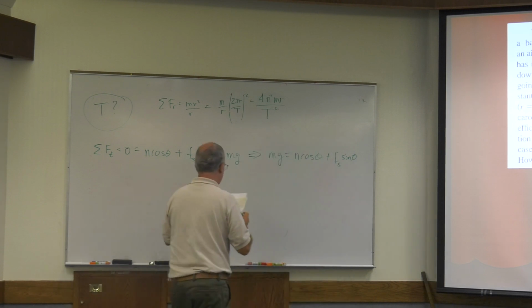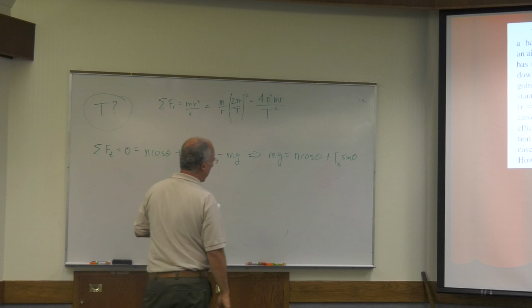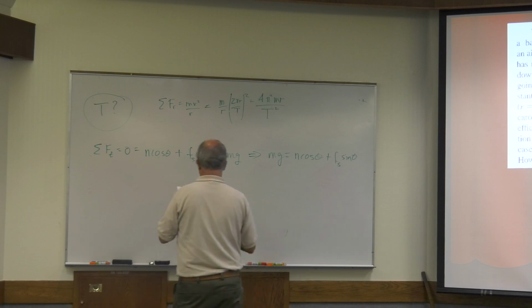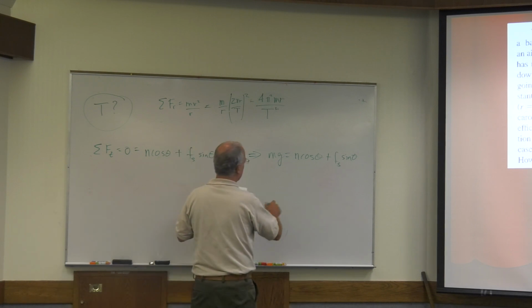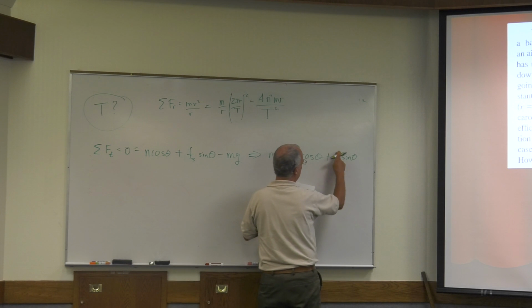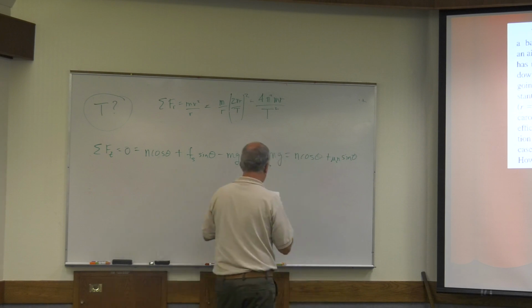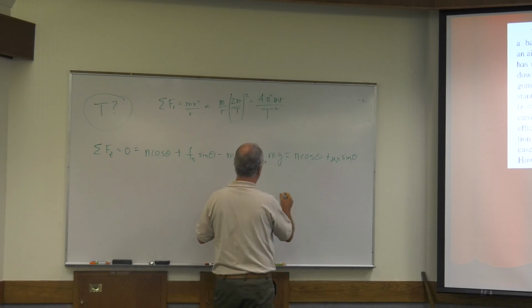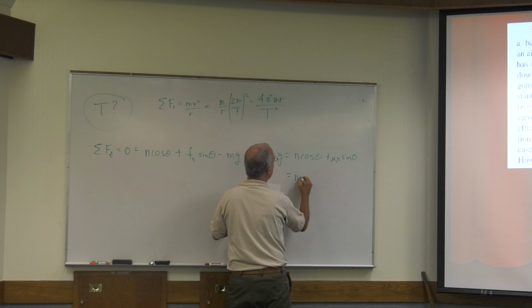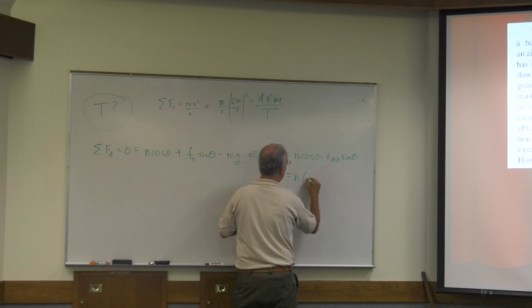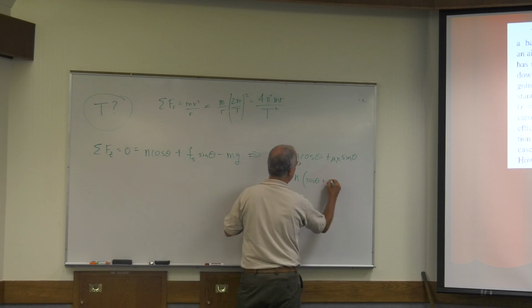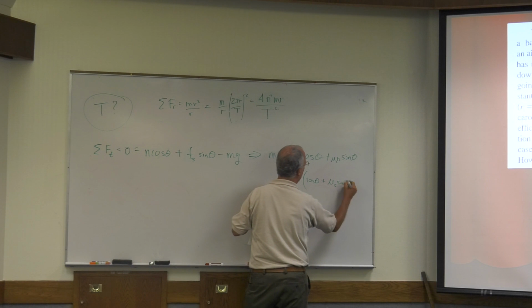Okay, all right, now let's see. What's fs? Mu s n, right? And so we can just say that mg equals n cos theta plus mu s sine theta.